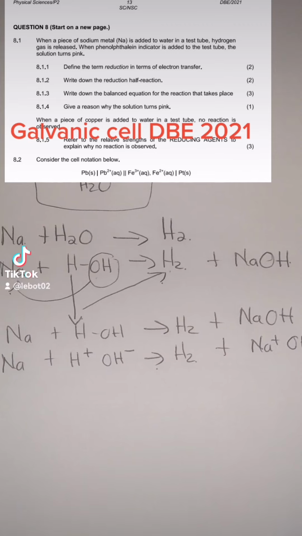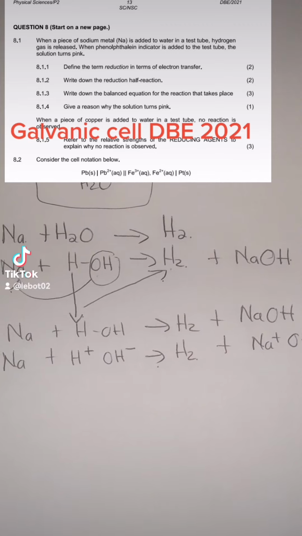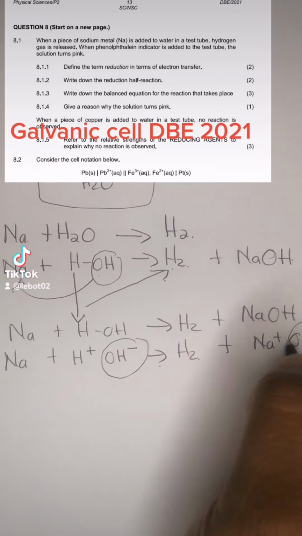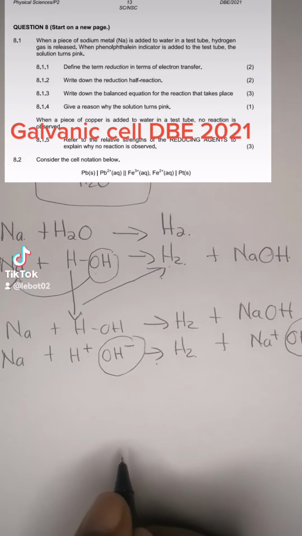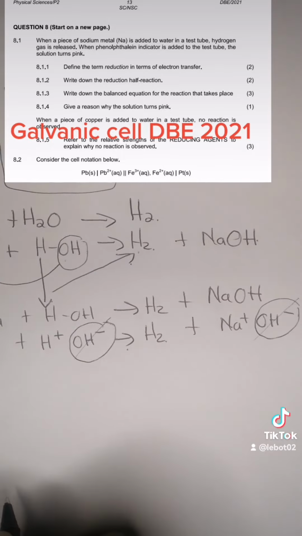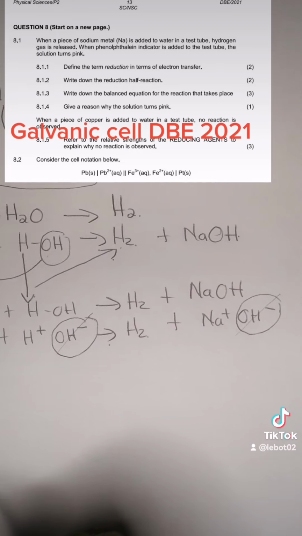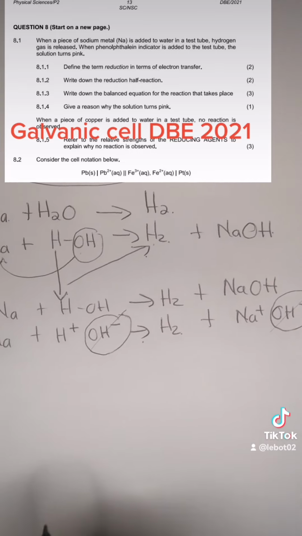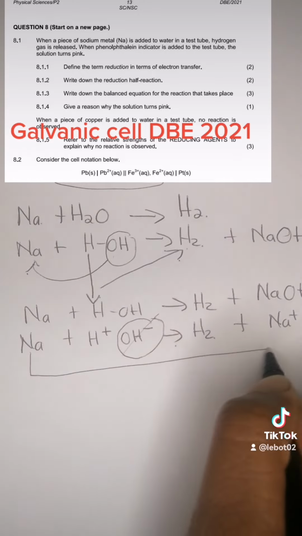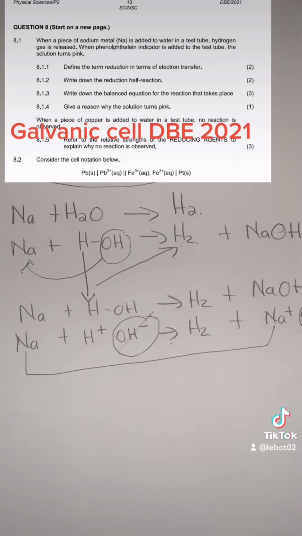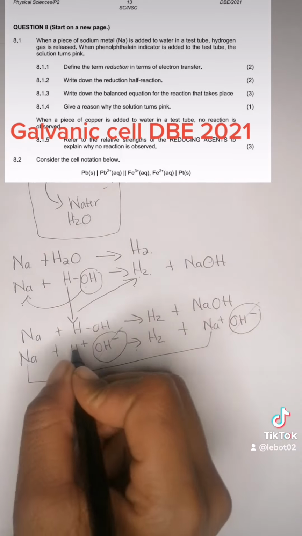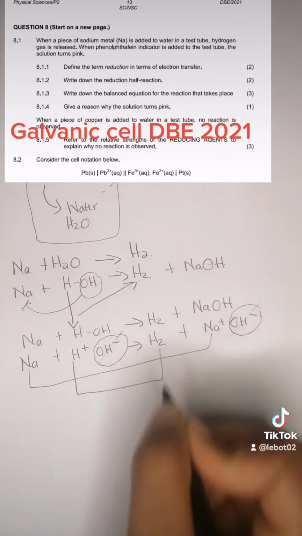A reduction. Okay. So from there, you will say that you've got this OH minus and the OH minus. The OH minus and the OH minus, you are not going to use them in terms of oxidation and reduction. But what else do you have? You have the sodium and the sodium, and you have the hydrogen and the hydrogen.